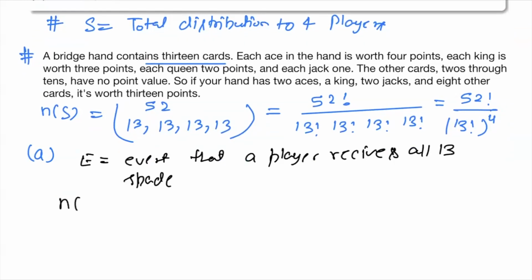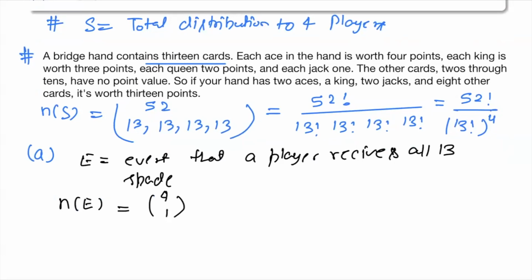If I need to find nE, I need to choose the player first. There are 4 players. Choose one player who has got all the spades. And the rest 3 are going to have 39 cards, and you can distribute them.